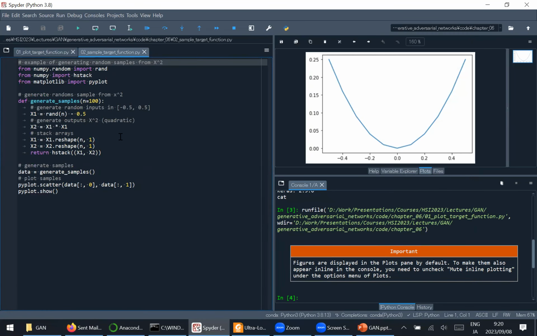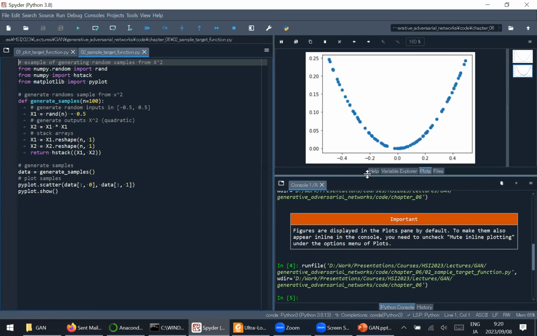Okay, so the next example, sample number 2 here, just generates samples based on this formula, x squared.